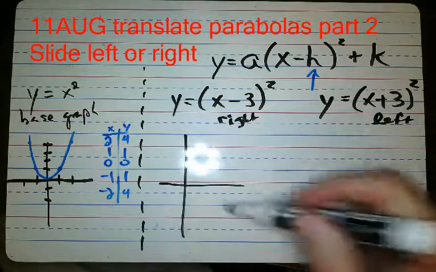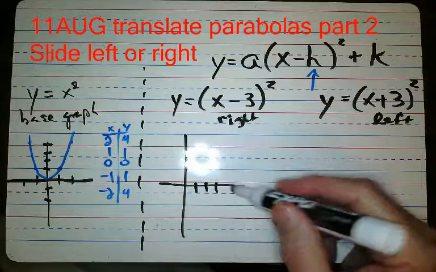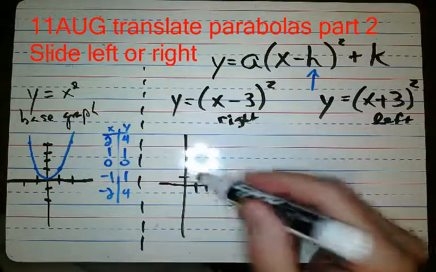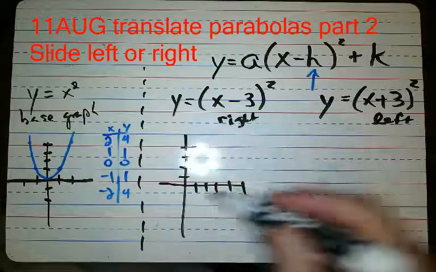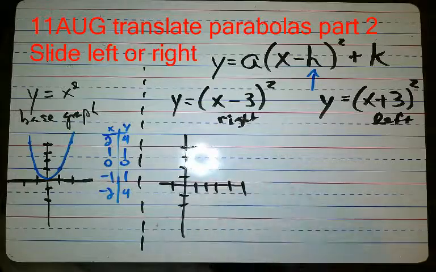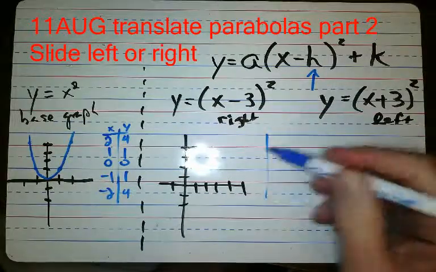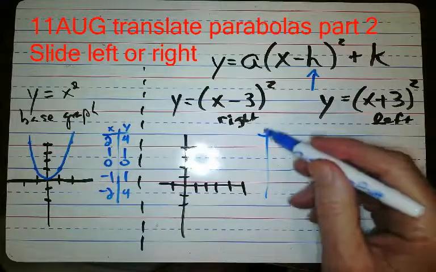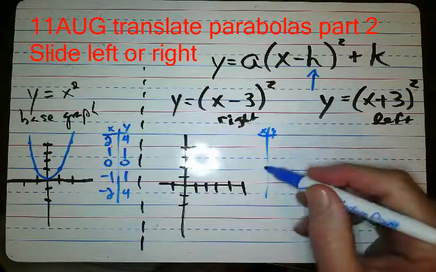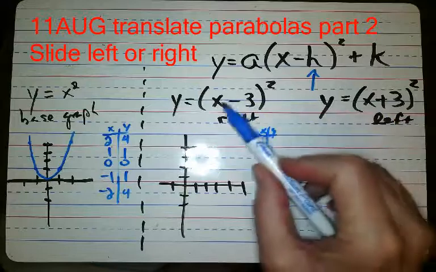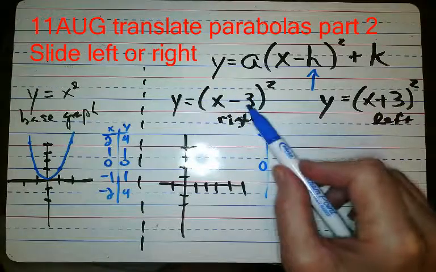So I've got my graph right here. And we can put the x and y just like before. When I put 0 in here, 0 minus 3 is negative 3.